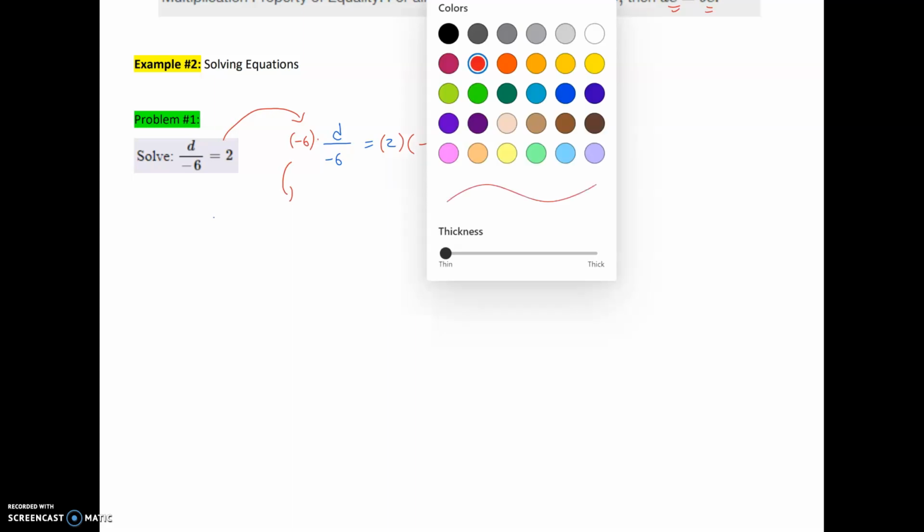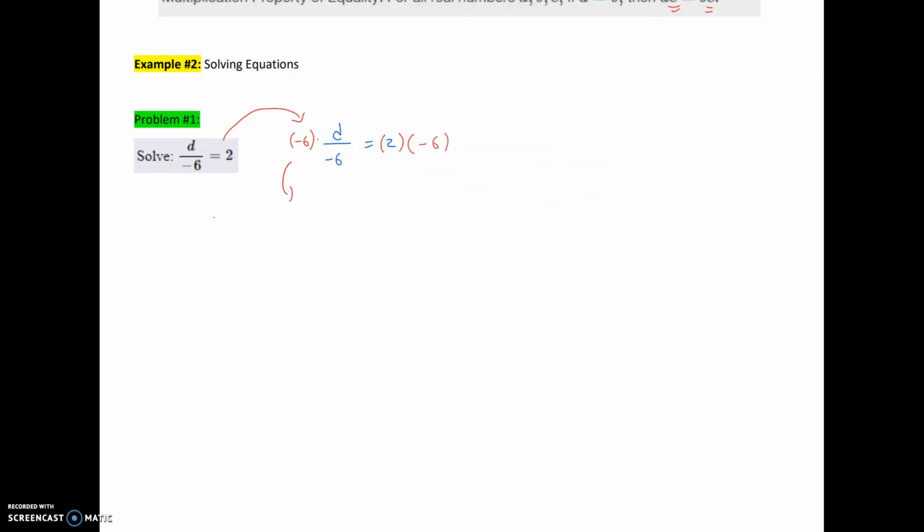So on the left hand side, we have the cancellation of the negatives. So you have d is equal to, and in this case 2 times -6 is equal to -12. So that's going to be our solution, and that's actually it for this problem.